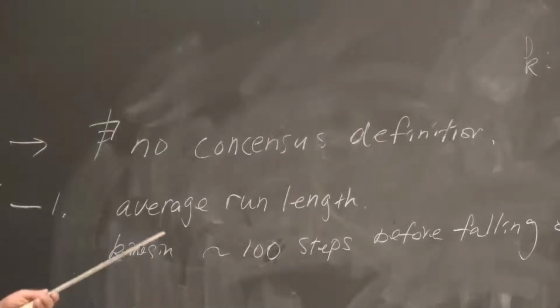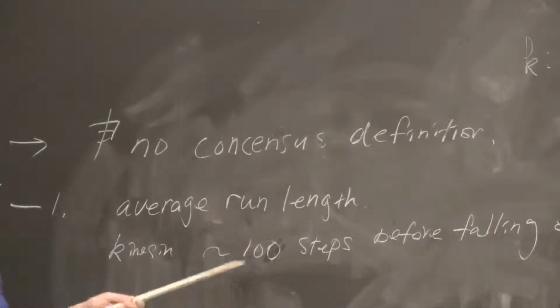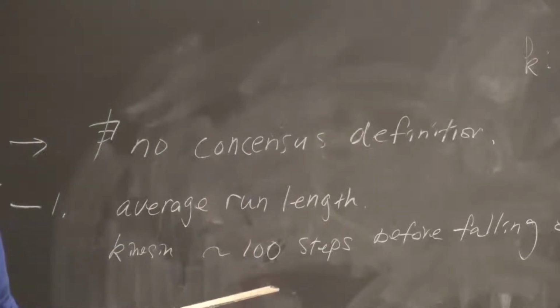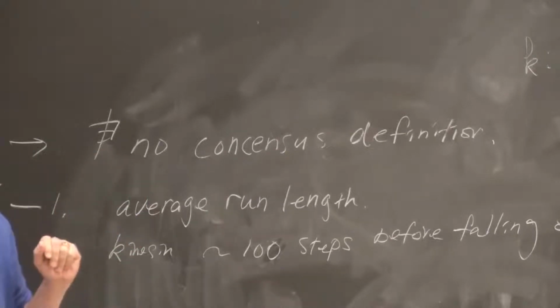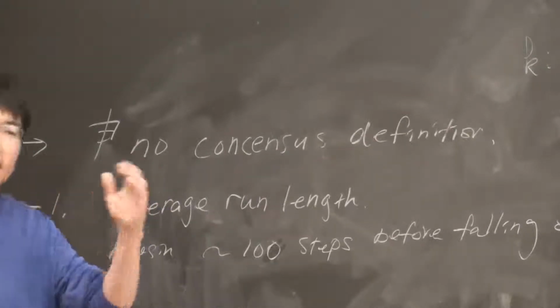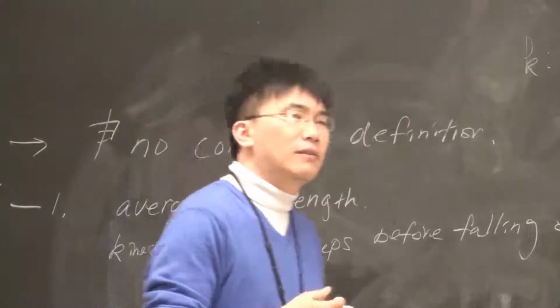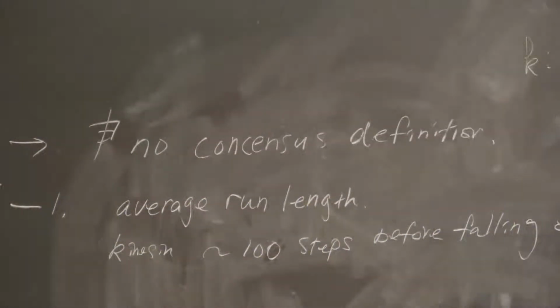So then the average run length will be 8 times 100 nanometers, 800 nanometers. So about a micron. Just to give you a sense, it moves about a micron and then falls off. That's actually not so good if you think about it. If you want to send an object from somewhere here to a motor neuron down here that contacts the muscle, then that's actually much longer than a micron.